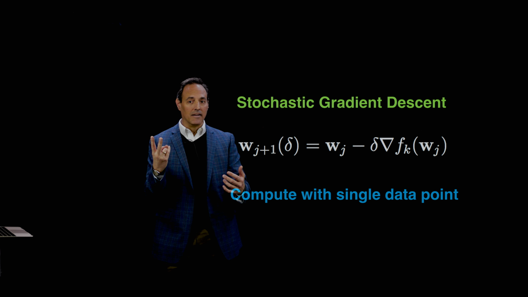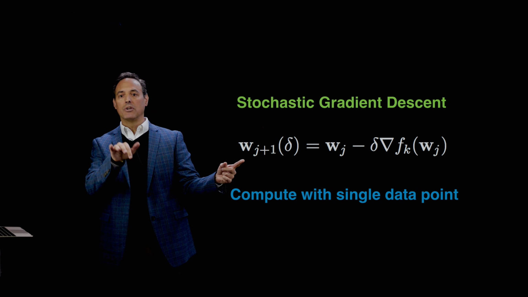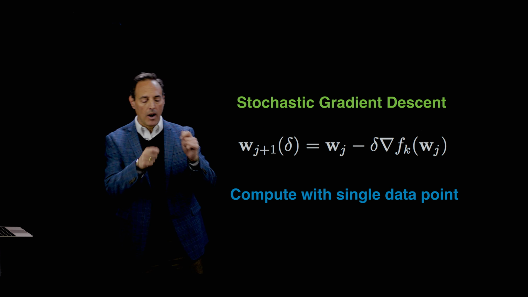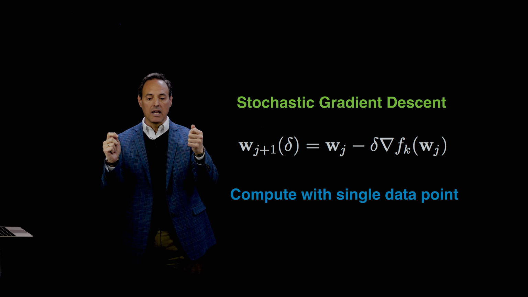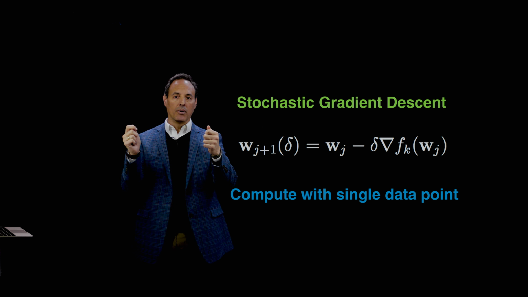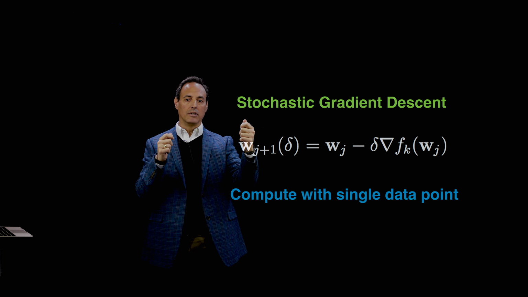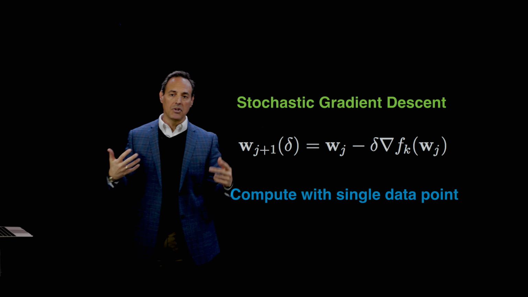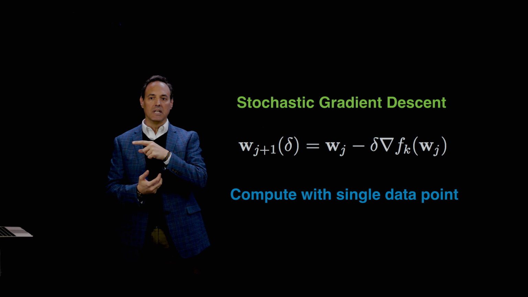Second, every time I update this, I randomly choose a new data point. So maybe out of all my 1,000,000 data points, I picked the 500th data point, and the next time I pick the 133,000th data point. So I keep switching which data I use to compute it as I update. What this allows me to do is randomly sample the space of the data.